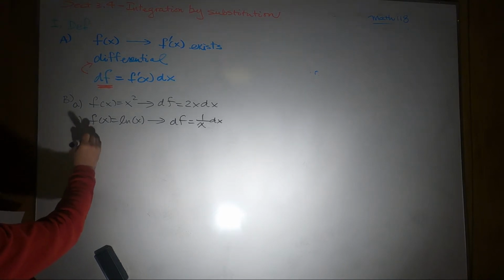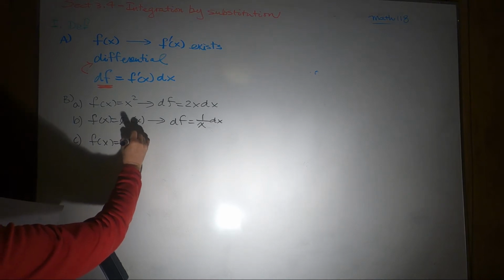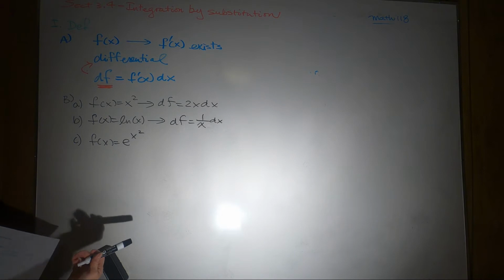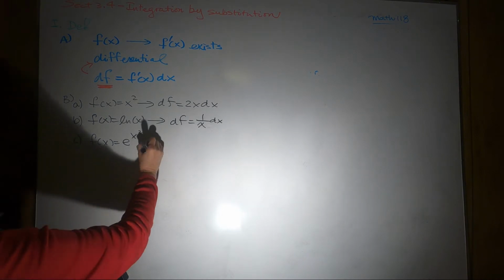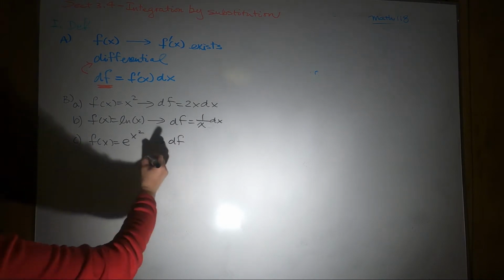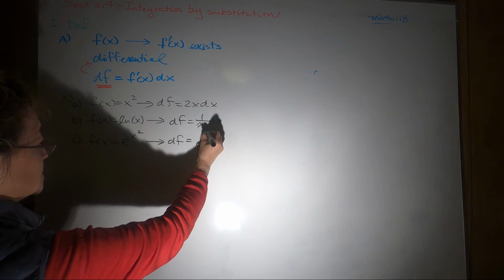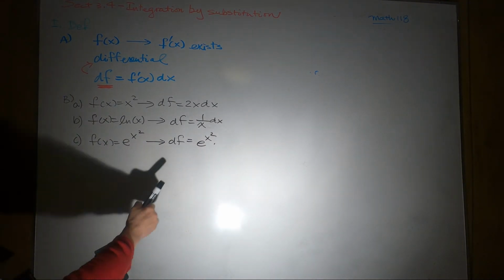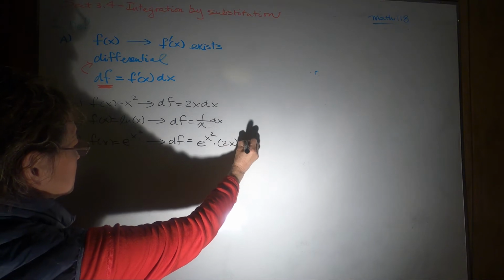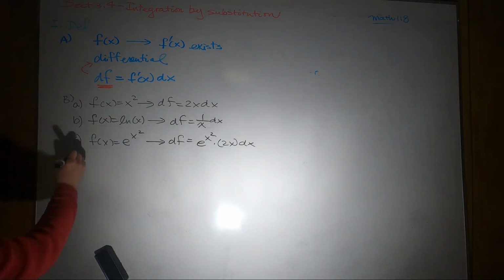If f of x equals e to the x squared, so not only e to the x, then you need to use the chain rule. So df, the differential of f, will be e to the x squared times the derivative of x squared, which is 2x, dx.